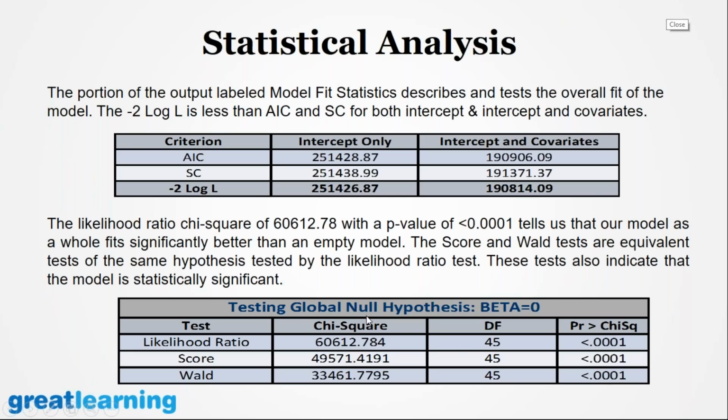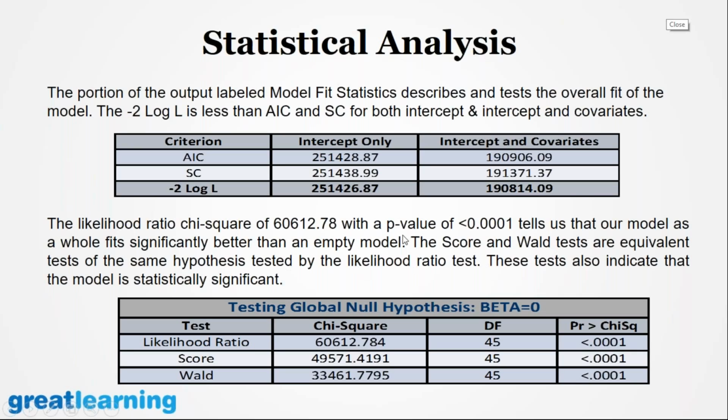Secondly, on the likelihood ratio, the null hypothesis is that all of the coefficients are 0, and the alternate hypothesis is that at least one of them is not 0. We are getting a p-value of less than 0.0001, so we reject the null hypothesis.